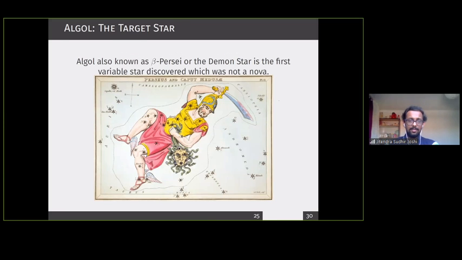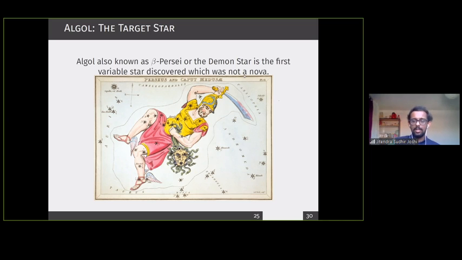Now, my target star, the star that I studied, was Algol. Algol was the first variable star discovered which was not a nova or a supernova. It is also called the demon star, because in earlier days they used to see a star in the sky, but all of a sudden, after 2 to 3 days, it vanished.